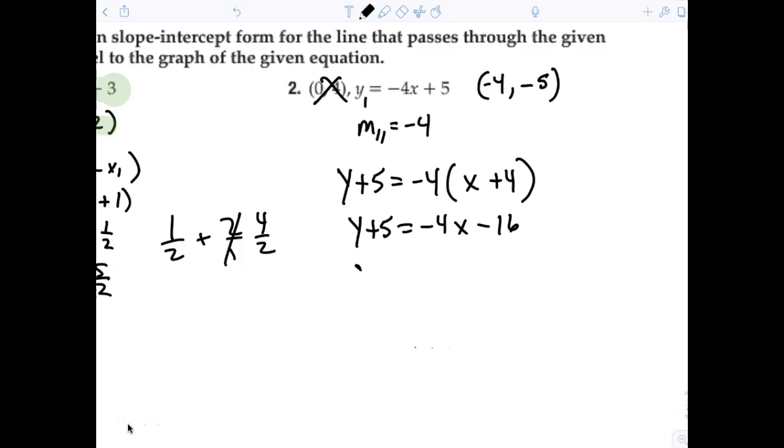Subtracting 5, y equals negative 4x minus 21. Everybody with me? Now, I would like everybody now to go down to Y2, and if it's correct, it will be parallel, and it will go through that point. Yay! Very good. Yeah, let's go.